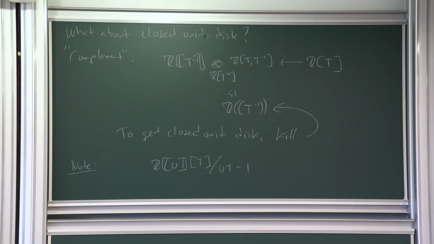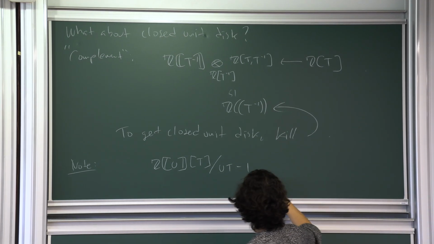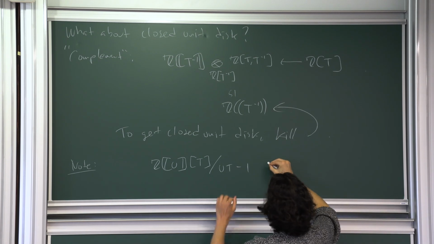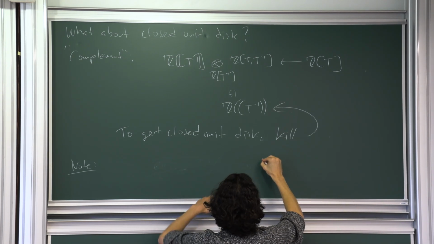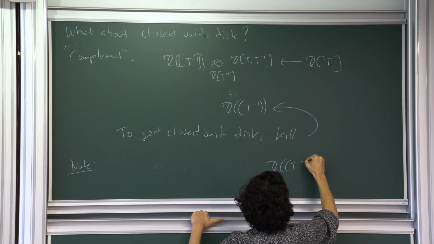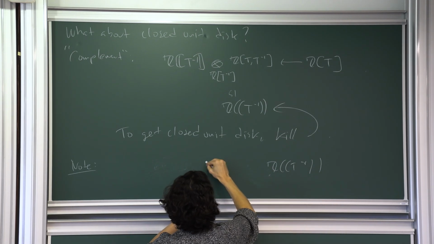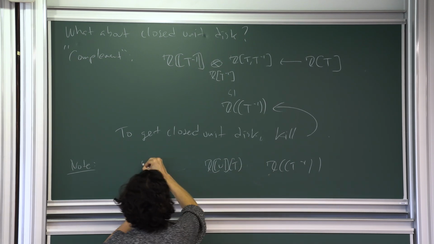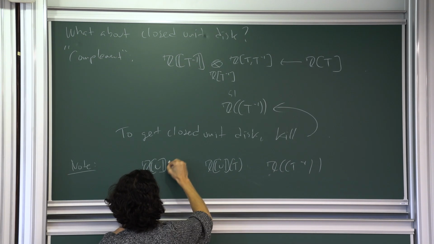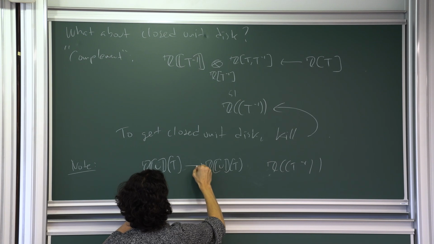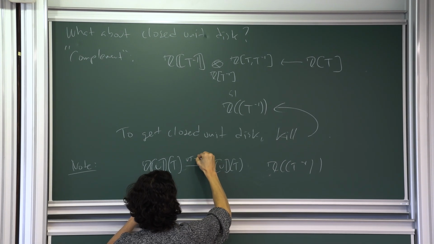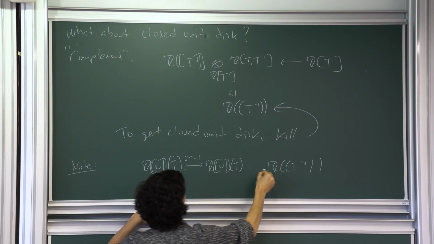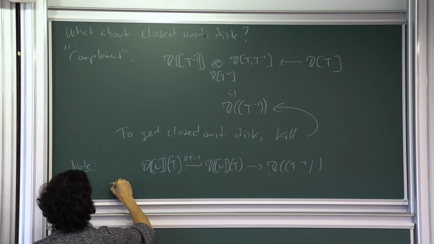And when you look at it like this, I'll rewrite that. So we get a two-term resolution where you have Z[[u]][T] and Z[[u]][T], and here you have uT minus 1. So, two-term resolution.